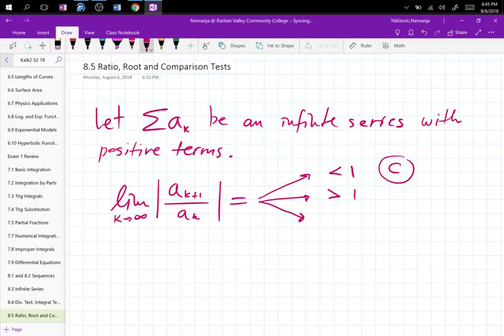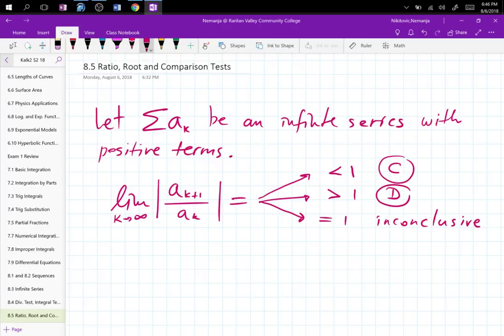If it's more than 1, it diverges. And if it's equal to 1, inconclusive. So these are the 3 possibilities. And it's a very simple test to do. You shovel some algebra, and then you do the limit. And that's that.